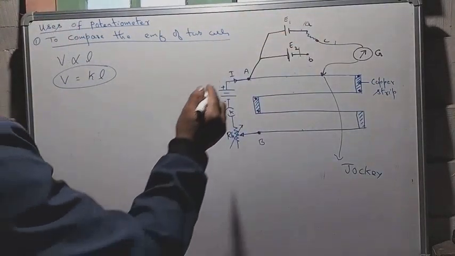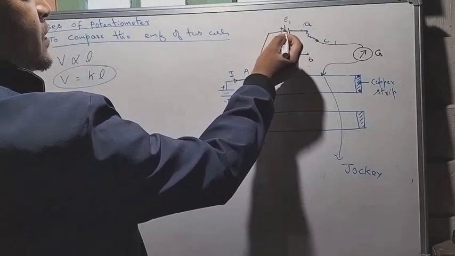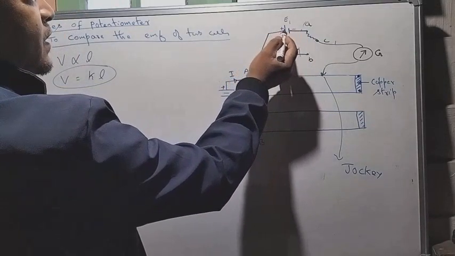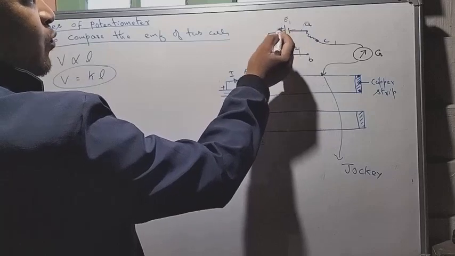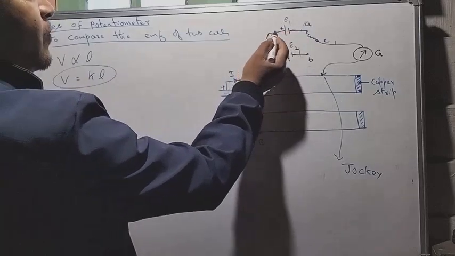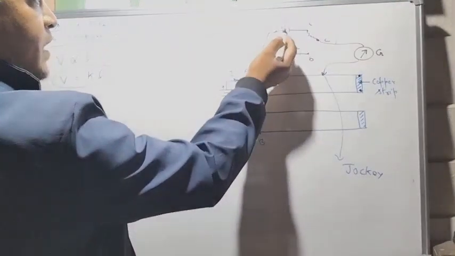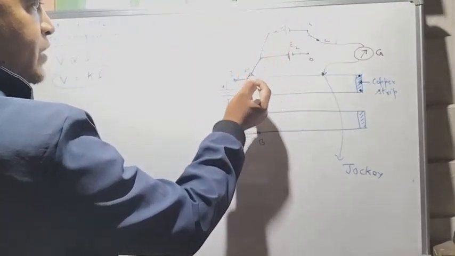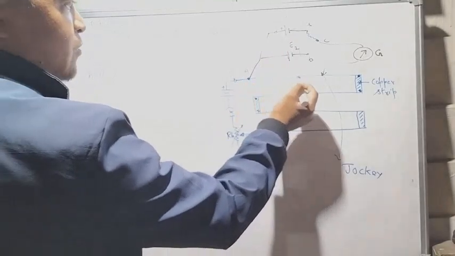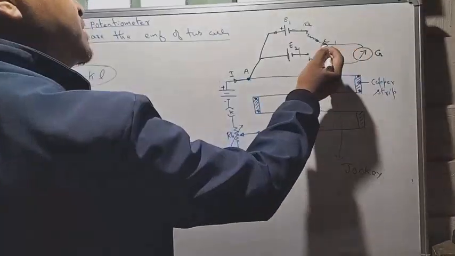Because this is the positive terminal of the cell, this cell E1 is now functioning, so it will send out a current, and this current will flow in this direction. It reaches point A, goes to the galvanometer, and then comes back to the cell.